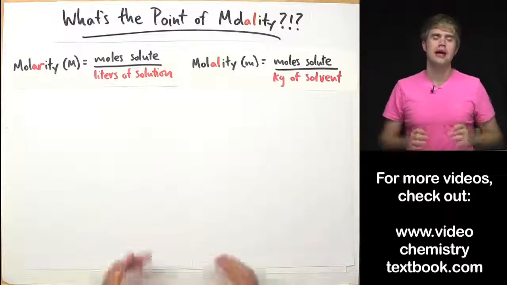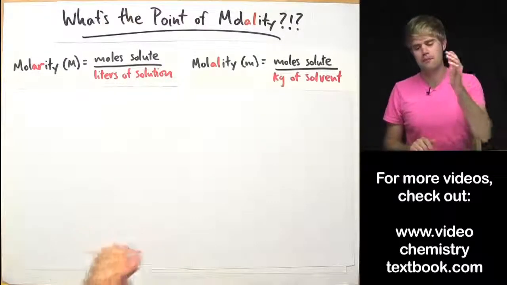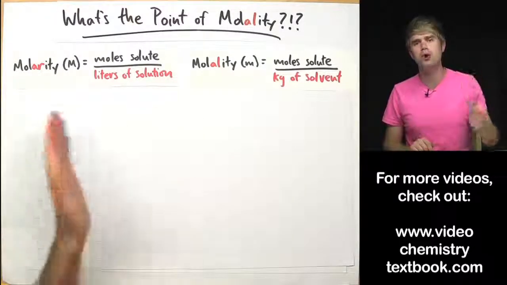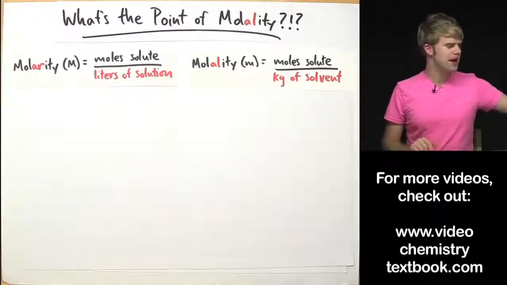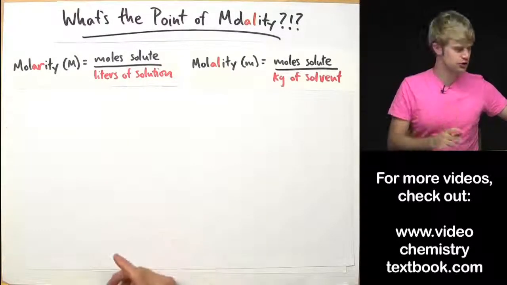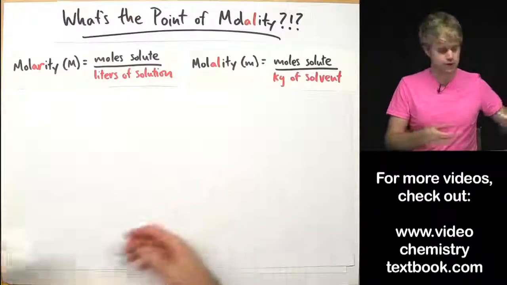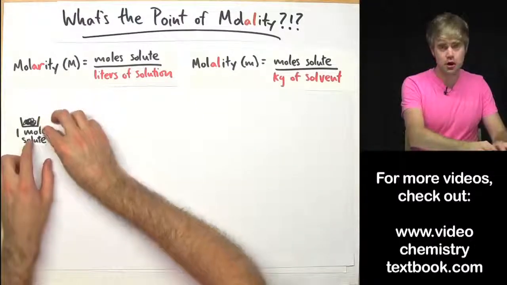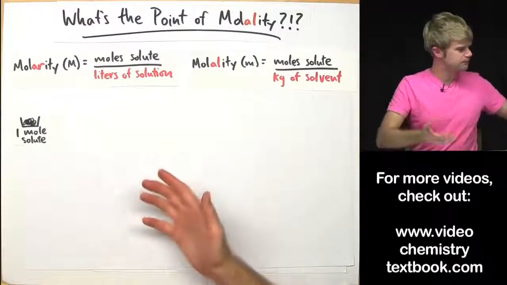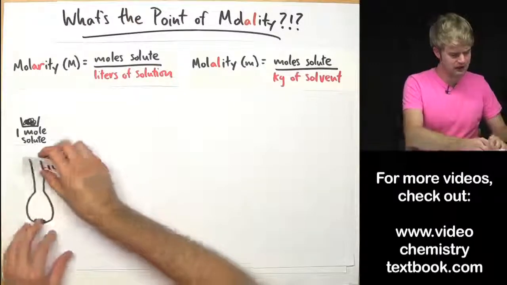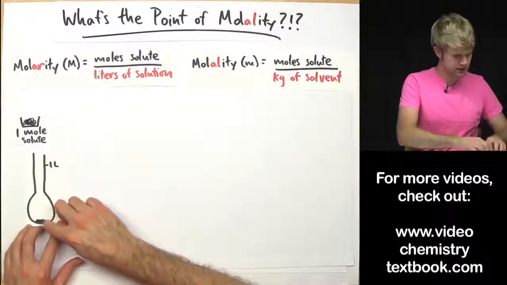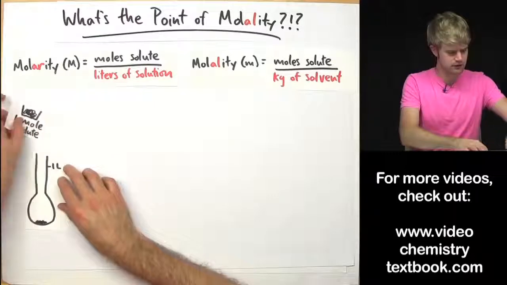First of all, it is easier to make a molal solution than a molar solution. Here's why. If I want to make a 1 molar solution, I'll take 1 mole of solute, weigh it out, and put it in a volumetric flask like this. I've dumped the solute here into the flask.